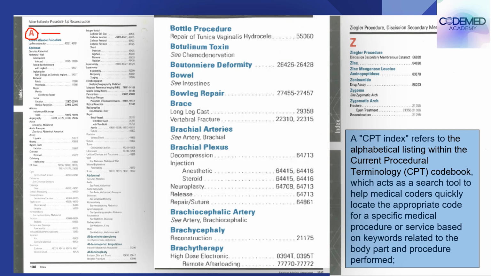Now here I have taken a snapshot of the letter B. So here you can see very clearly that various procedures, various body parts which start with the letter B are under the alphabet B. Now in front of that you will see, for example, in front of the bottle procedure, I can see that there is one code.